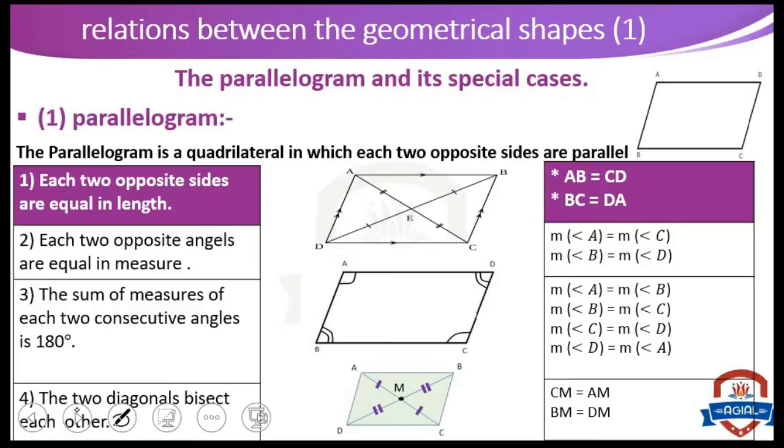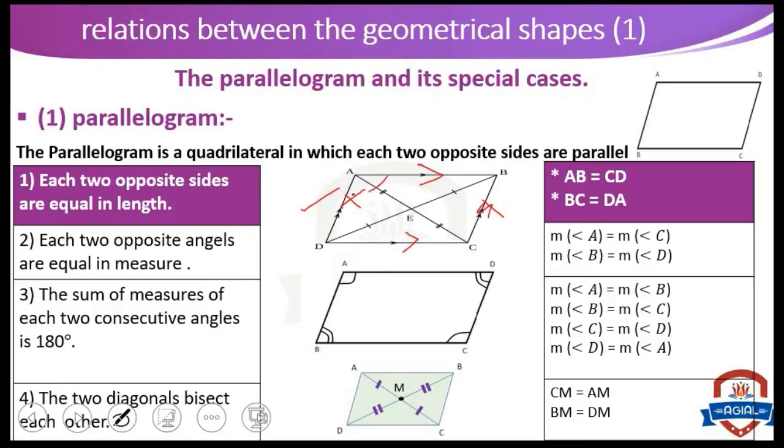The first one, each two opposite sides are equal in length. In this figure, AB equals DC and BC equals AD. The second one, each two opposite angles are equal in measure.